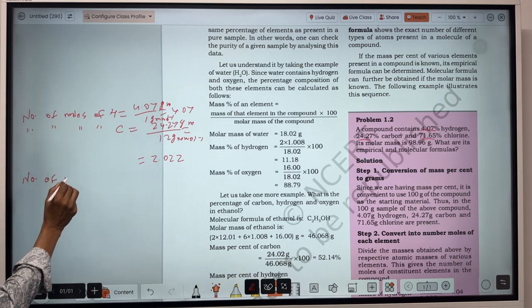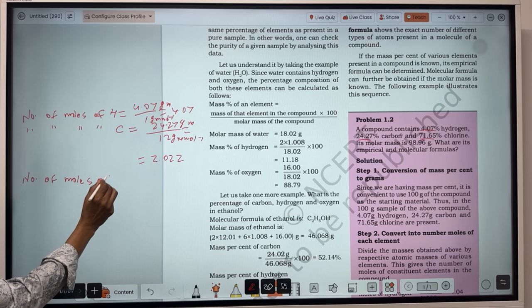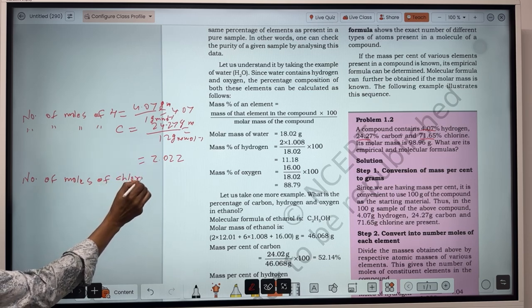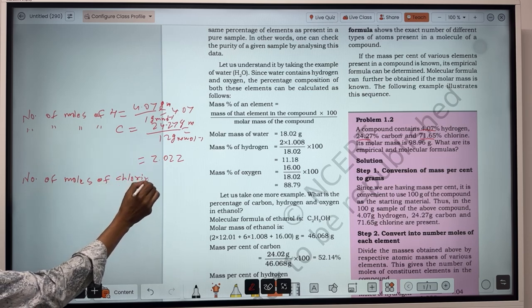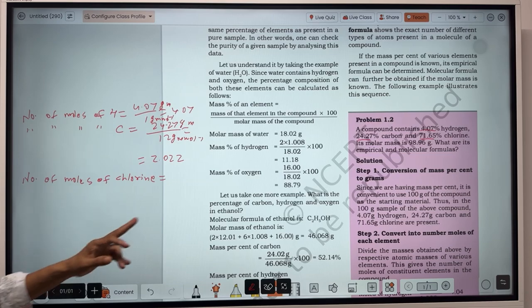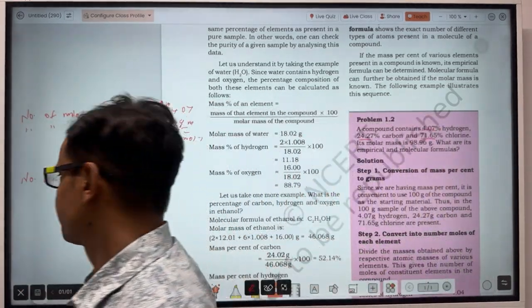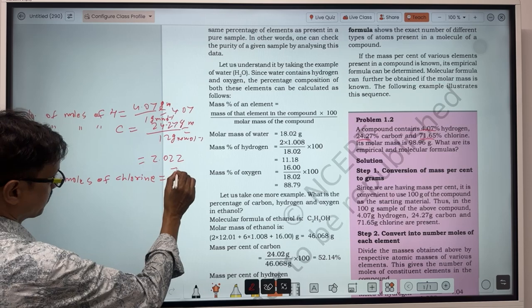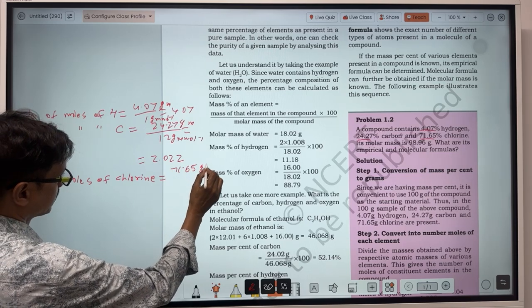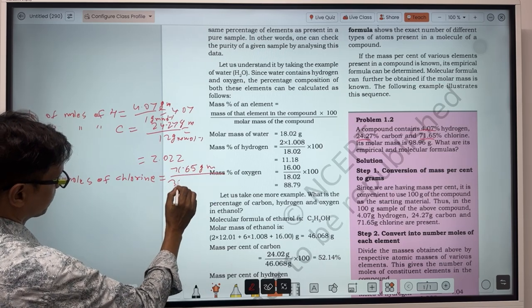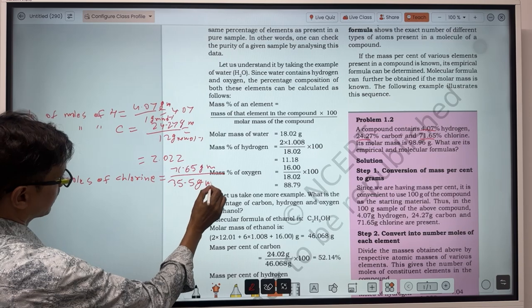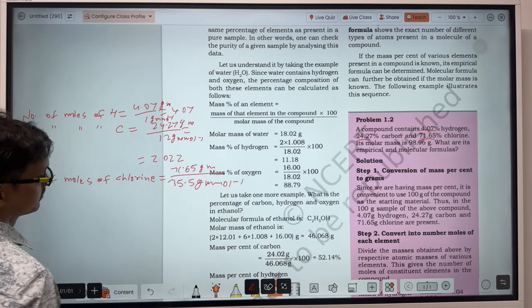Now find out the number of moles of chlorine. It is given as 71.65 gram, upon 35.5 gram per mole.